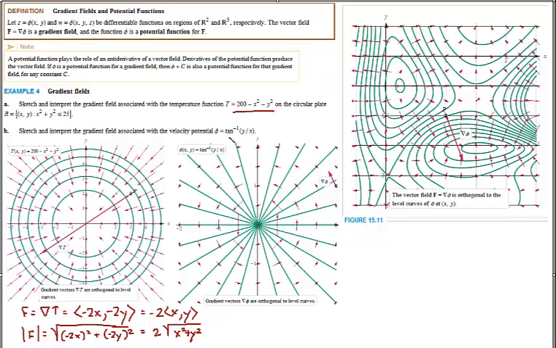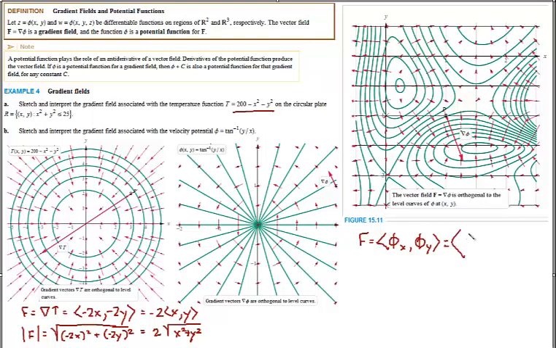For our next example, if we would like to find our gradient field, we need phi sub x, phi sub y. So we're going to take our partials with respect to x and our partials with respect to y.